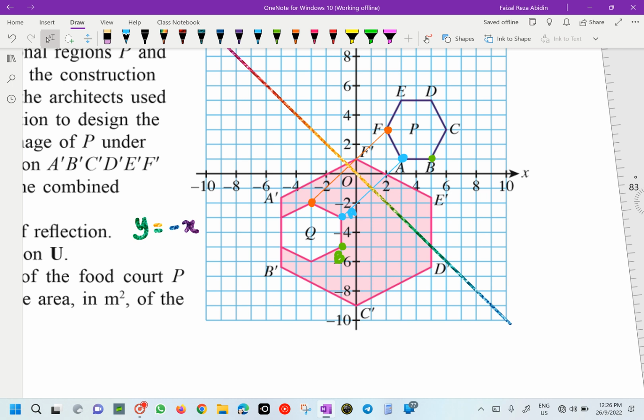It has been swapped. So if it is swapped, what does that mean? Enlargement. Still enlargement, but it's going to be negative.